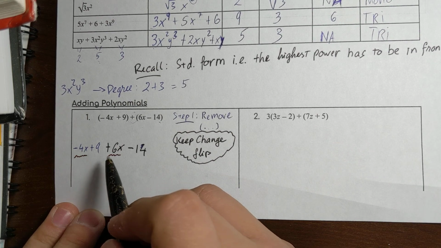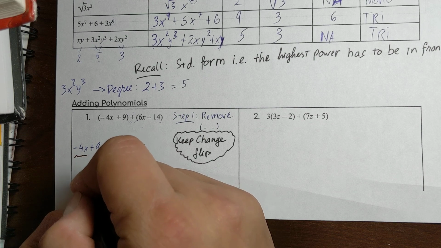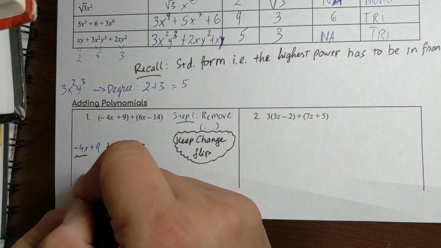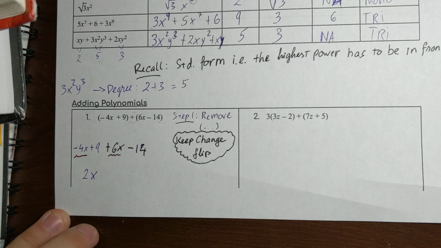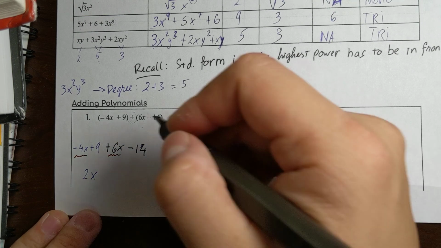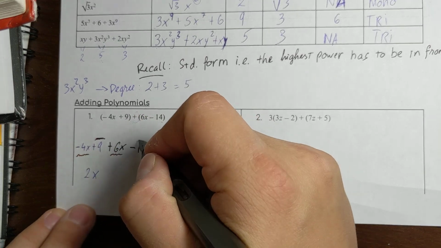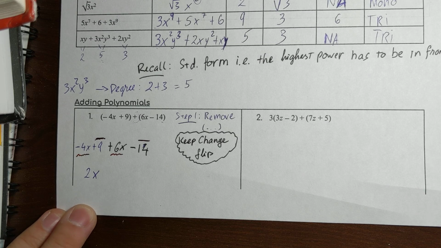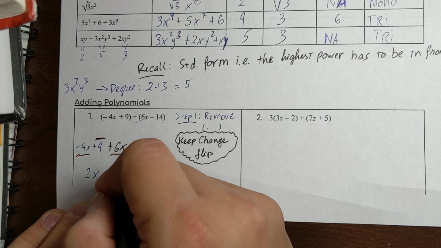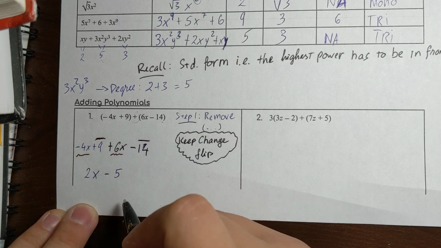Negative 4 plus 6 should be 2x. Then you have 9 and negative 14. 9 plus negative 14 should give you a negative 5. And this is how you answer it.